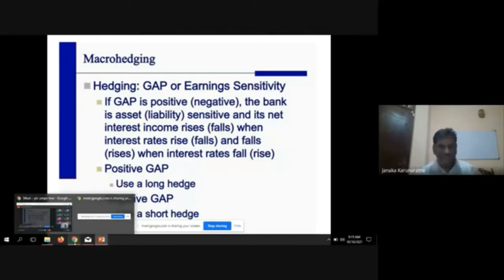What sort of interest rate movement puts you at risk? Can someone tell? All this we have covered in detail a few weeks ago.